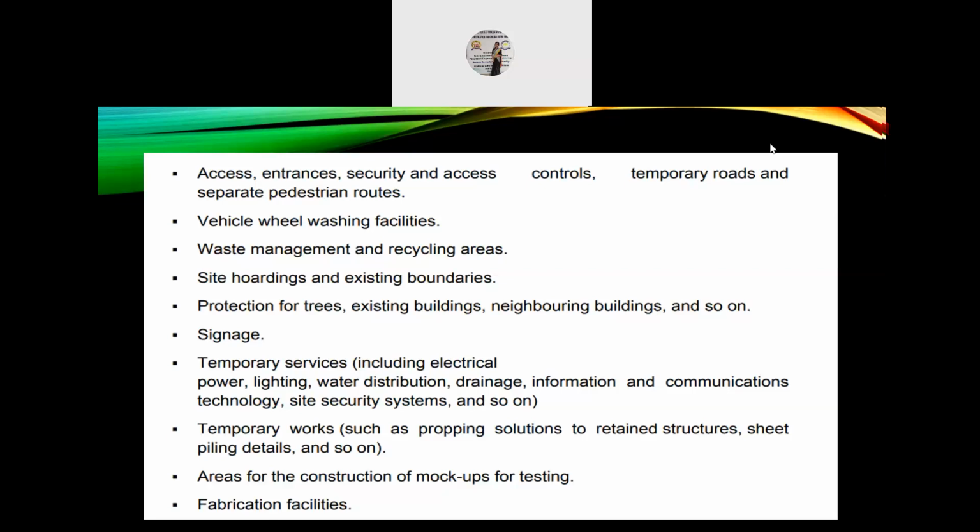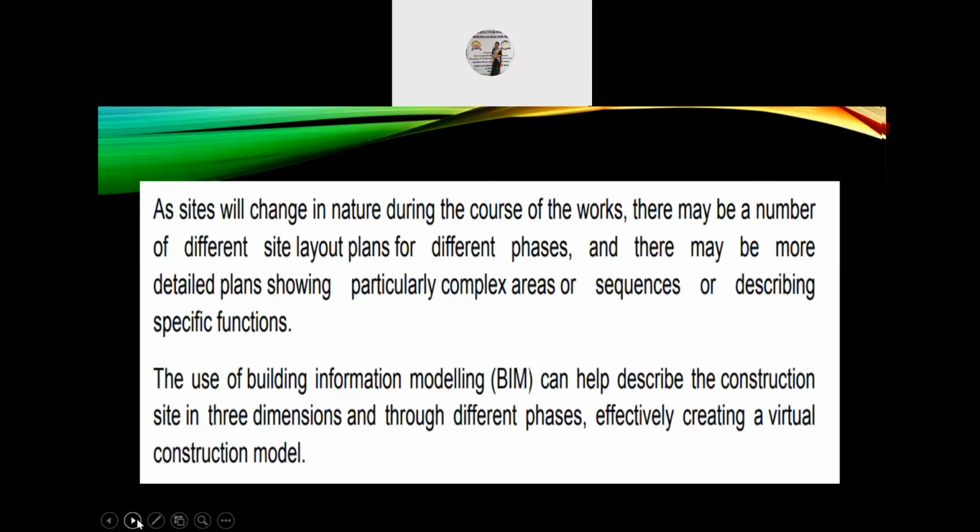Then temporary works such as propping solutions to retain structures, sheet piling details and so on. Then areas for the construction of mock-ups for testing and then fabrication facilities.